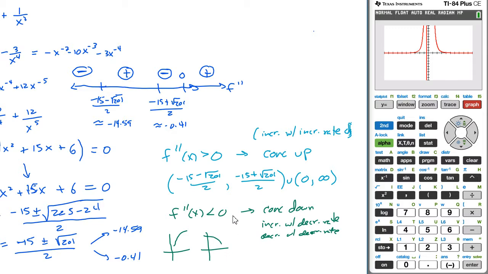With the increasing rate of change, we should actually stipulate that you're either increasing with an increasing rate like this, or you could be decreasing with an increasing rate for concave up. So decreasing with an increasing rate would look like that. Your function's going down, first derivative is negative, you're decreasing, but the rate at which you're decreasing is becoming less negative.